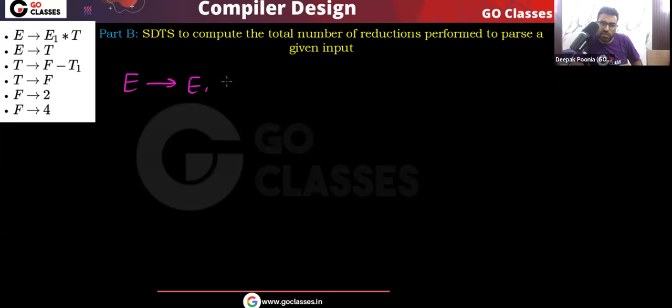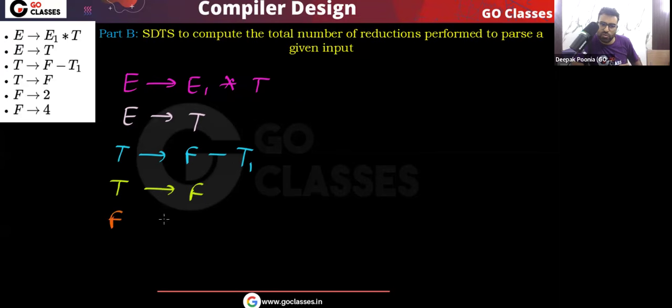E goes to E1 star T. This subscript one I'm using just to differentiate between this E and this E, nothing else. Then you have E going to T, then T going to F minus T1, then T going to F, then F going to 2, and F going to 4.